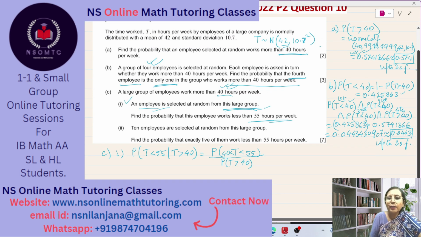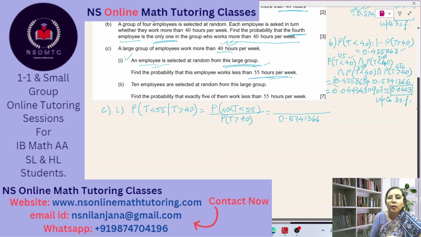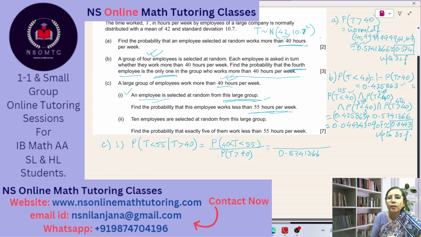So I can write this as 0.5741366. And the numerator is 40 to 55, where the mean was 42 and the standard deviation is 10.7.